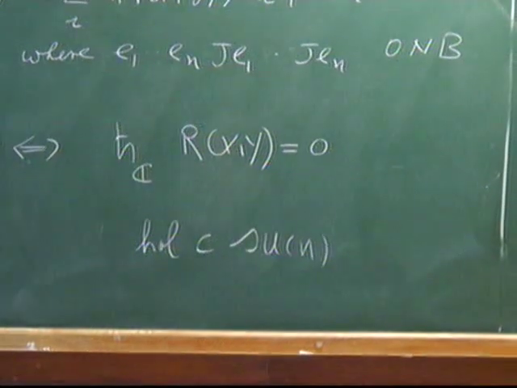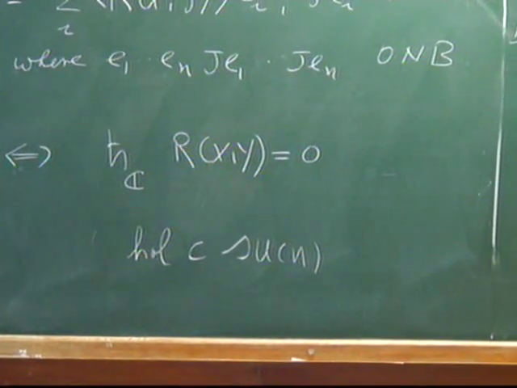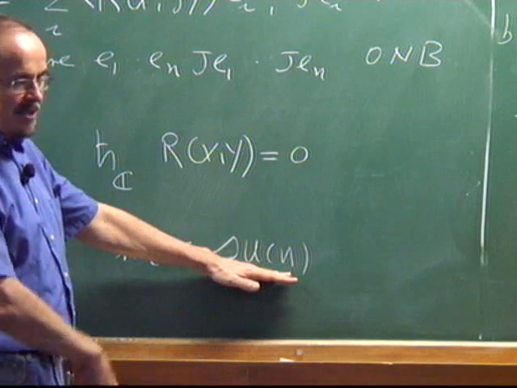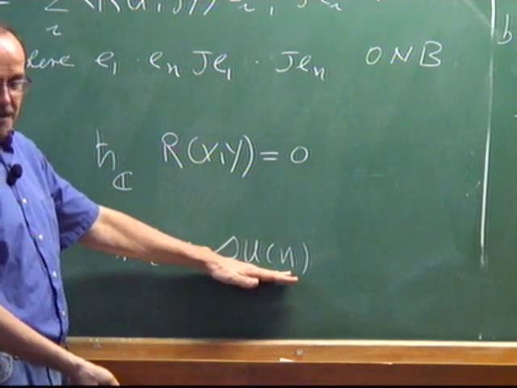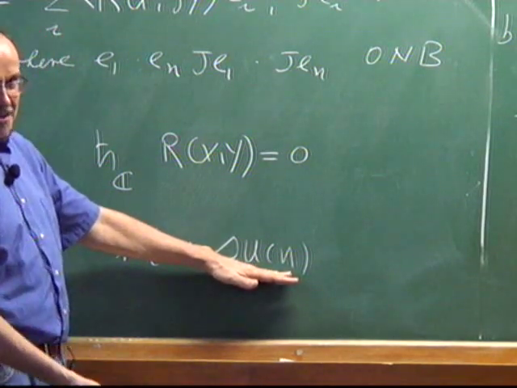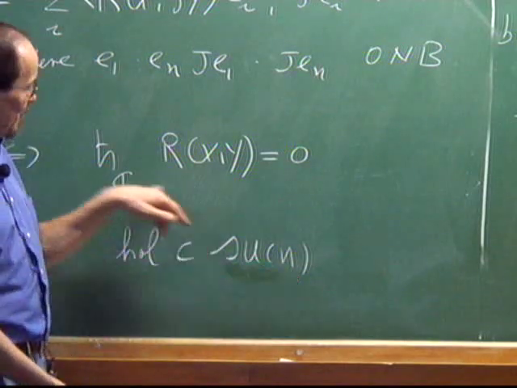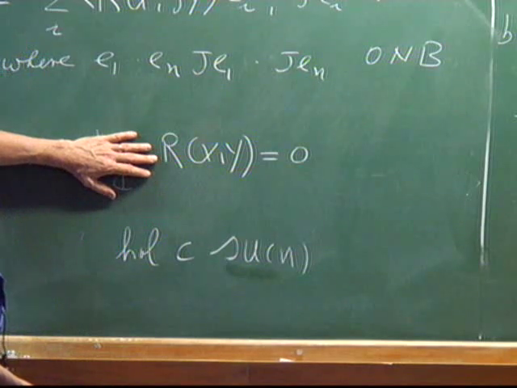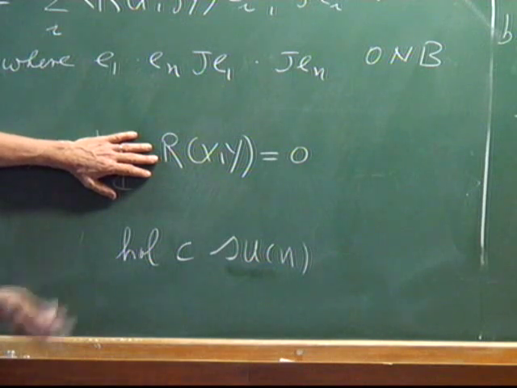What's SU(n)? Skew-Hermitian matrices with trace 0, with complex trace 0. Here, this is an operation from C^n to C^n, or R^2n into R^2n, and it's complex linear. It's not the real trace, it's a complex trace as a complex matrix. This is a real endomorphism, it's complex linear, but its real trace is certainly 0, because R(X,Y) is skew-symmetric in the real sense.